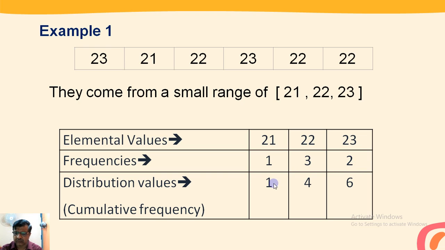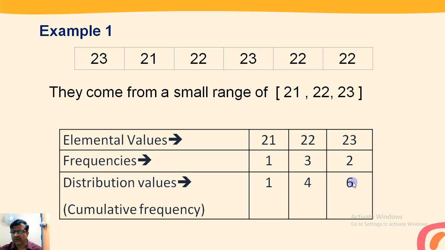Therefore, the distribution values or cumulative frequency values are, for 21 it is 1, it doesn't change, and the second one is 3 plus 1, it becomes 4, and the third one, that is 23, will have its cumulative frequency being 6, which is 4 plus 2, or 3 plus 1 plus 2, that is 6.